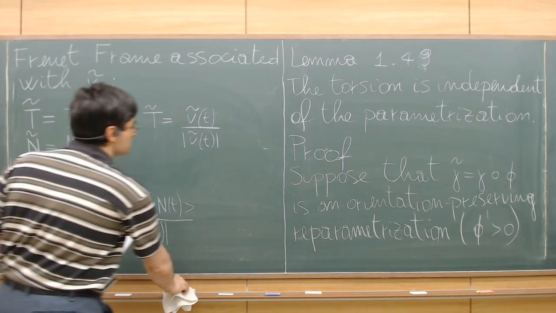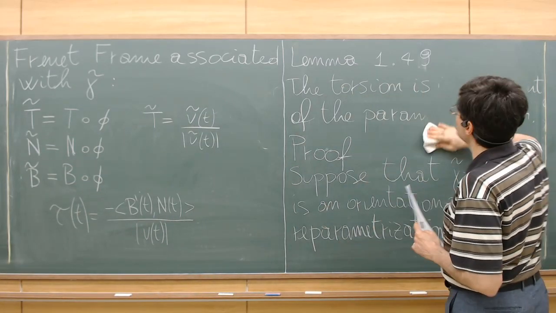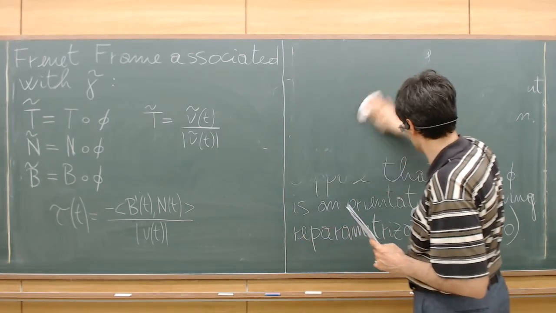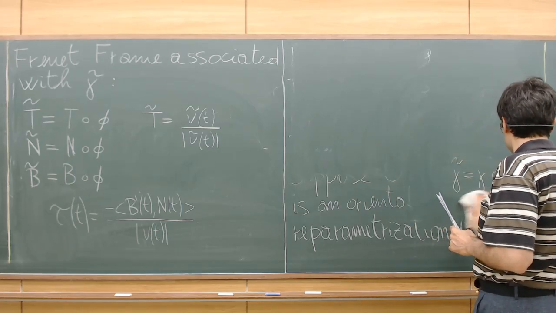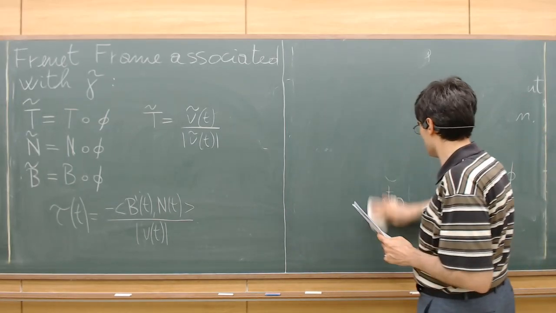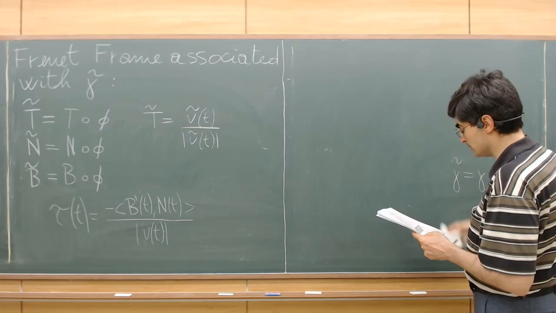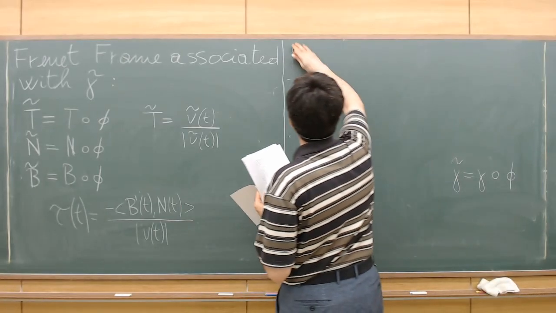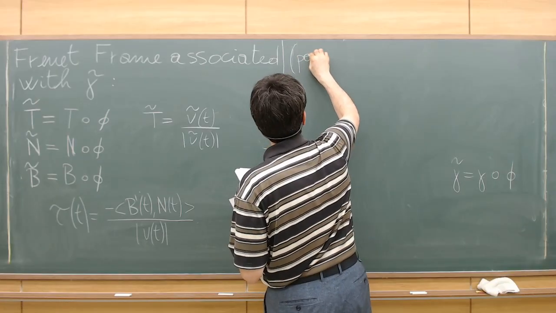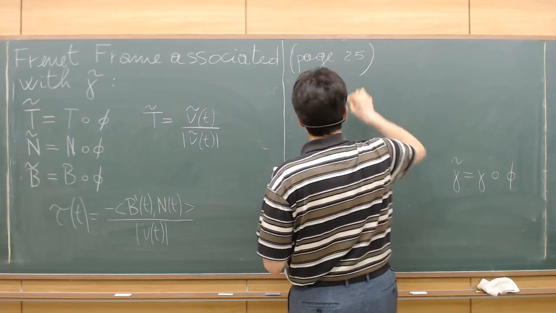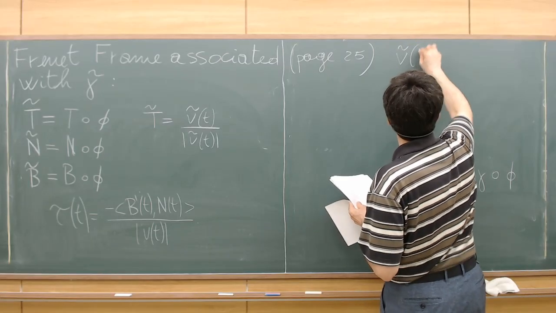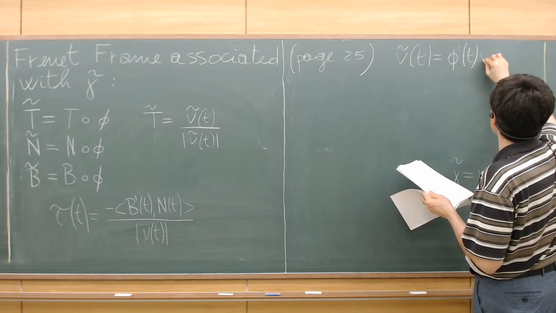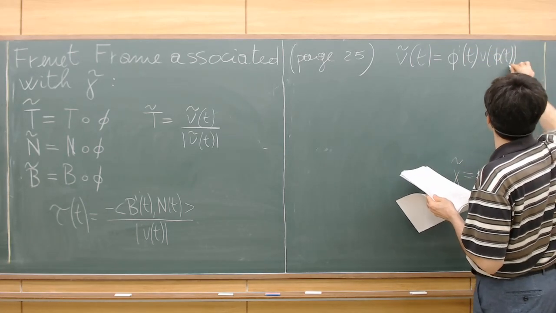We already computed V tilde in the past, and we found, let's see, page 25, that V tilde of t is phi prime of t multiplied by V of phi of t.